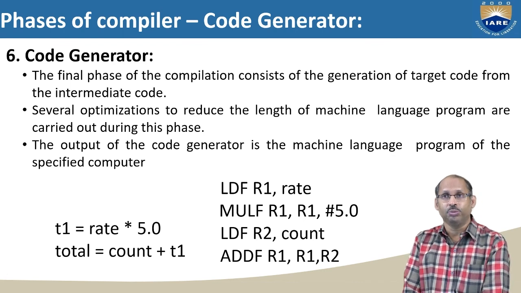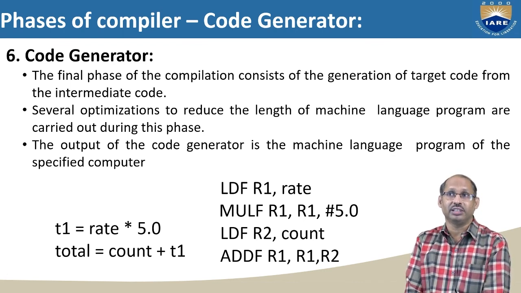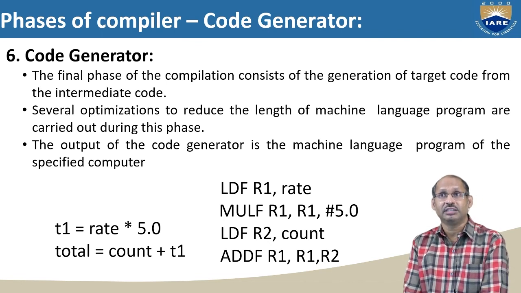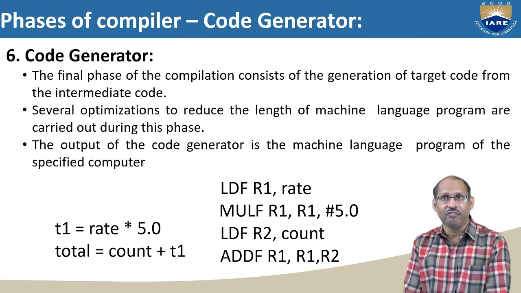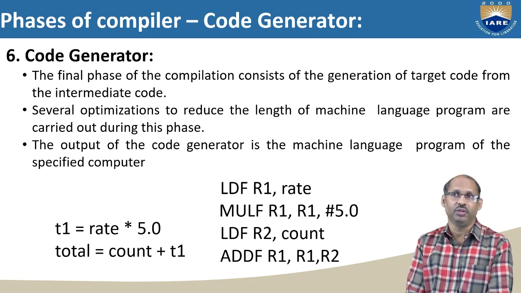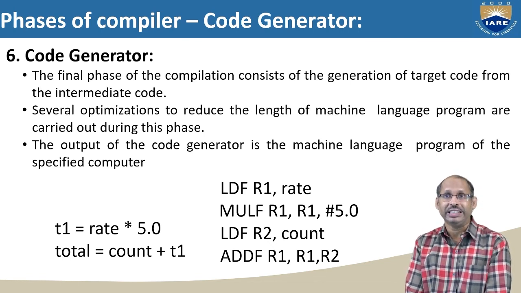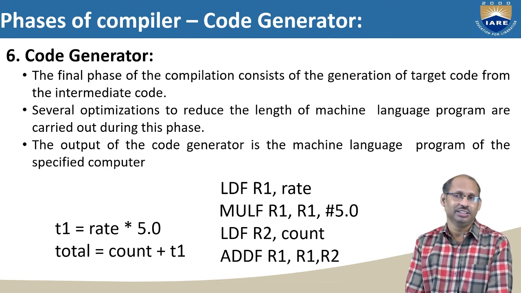So the output of the code generator is the machine language of the given source program, right? This is the final phase of the compiler. It will convert the optimized intermediate code form into machine language for the machine on which it is executing.